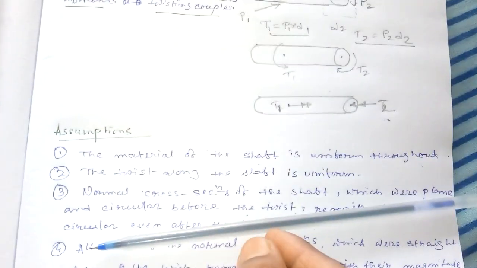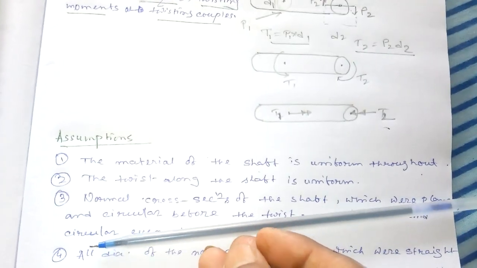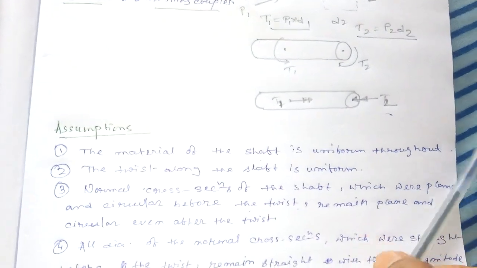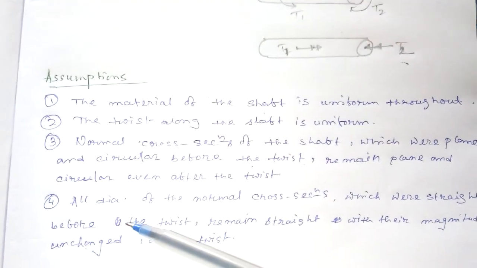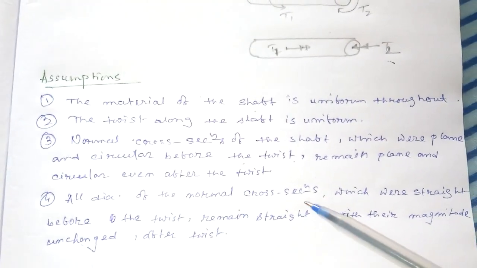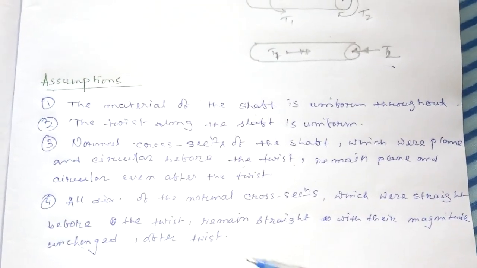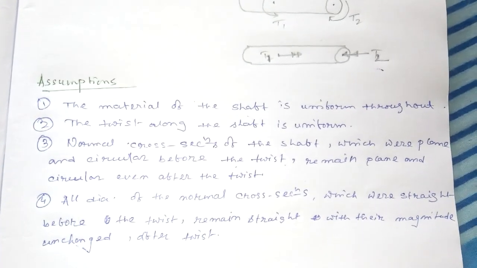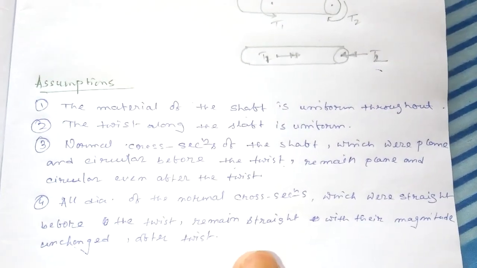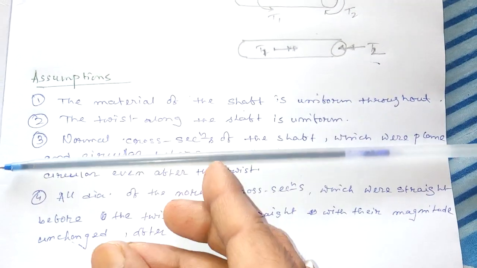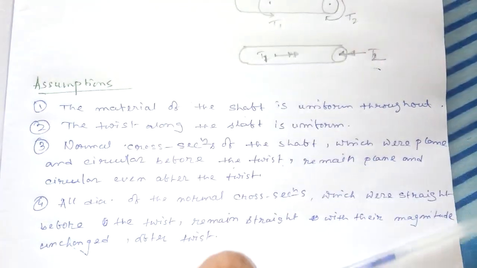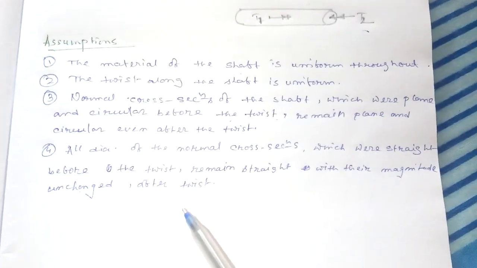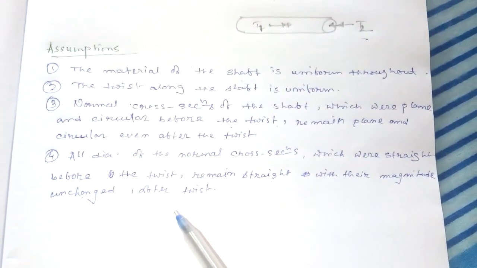Number 4, all diameters of the normal cross section which were straight before twisting will be straight after twisting, and the magnitude will be the same. So the radius or diameter of any cross section will be unchanged before and after twisting, and the diameters will be straight, right?